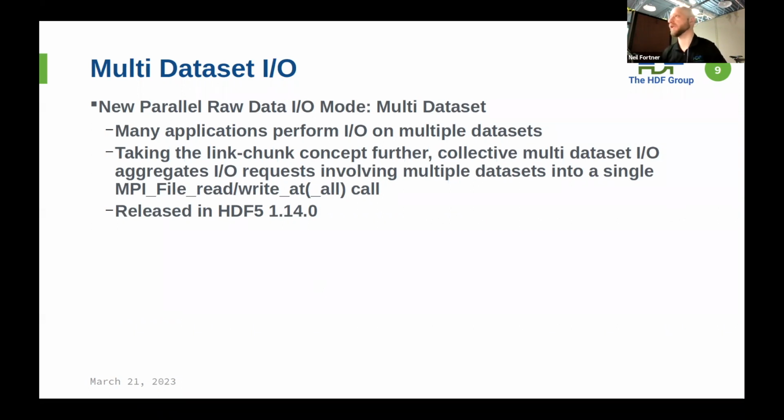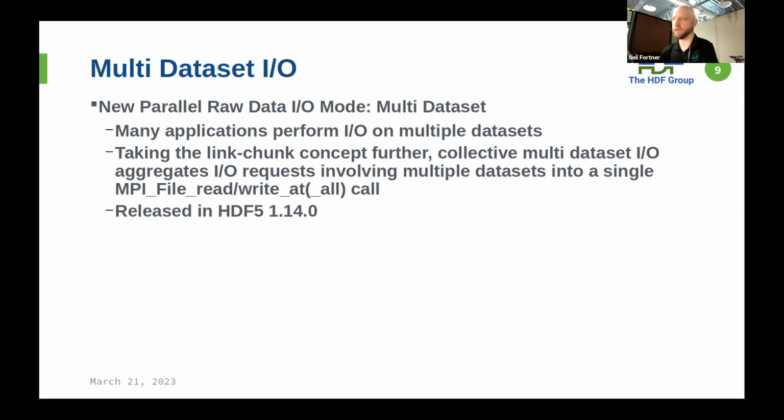So again, it takes the linked chunk concept further and allows the library to build an MPI data type that operates on all the data sets and all the chunks and all the selections within the larger IO.